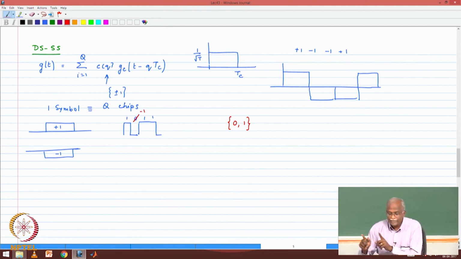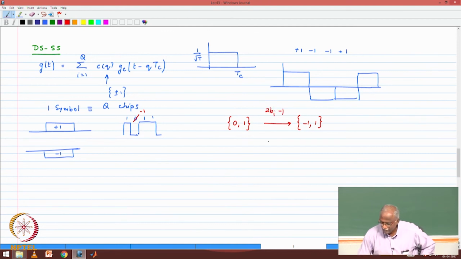But when it actually gets transmitted, it is not 0, but it actually is a +1, -1. So there is a mapping that will map 0 to -1 and 1 to +1. That mapping is 2bi - 1. There's another mapping which is 1 - 2bi, and that will map a 0 to a +1 and a 1 to a -1.